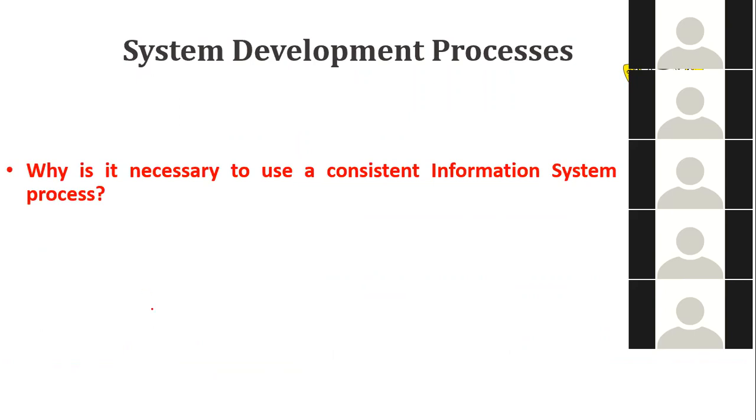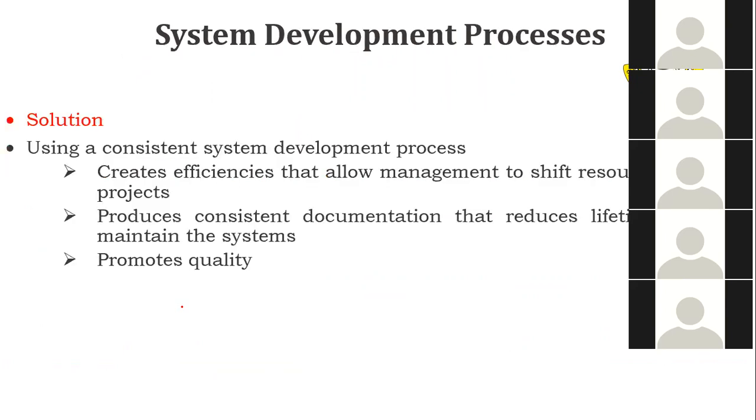When we're looking at system development processes, it is necessary to choose a consistent information system process or method. Why is that? One, you need to be able to shift resources between projects.